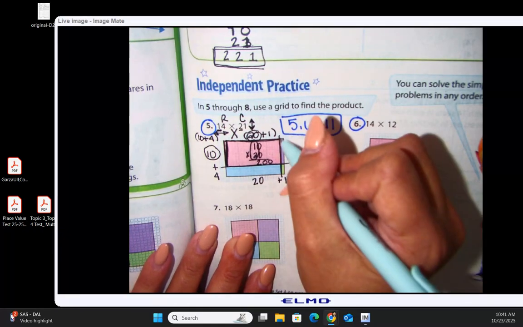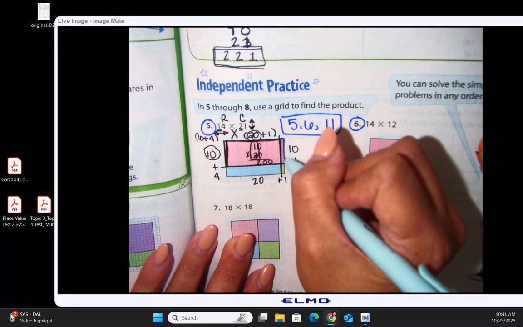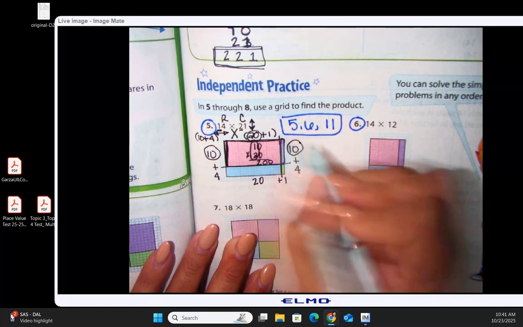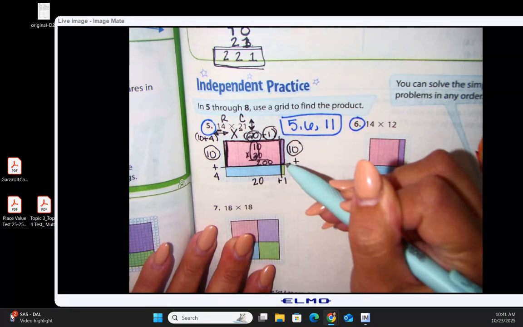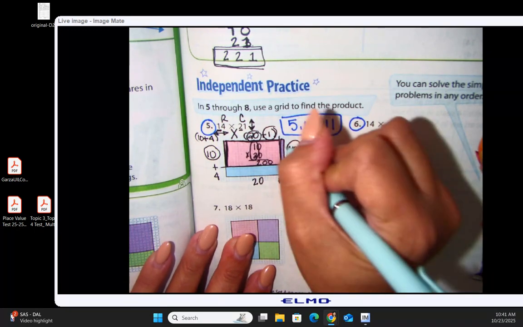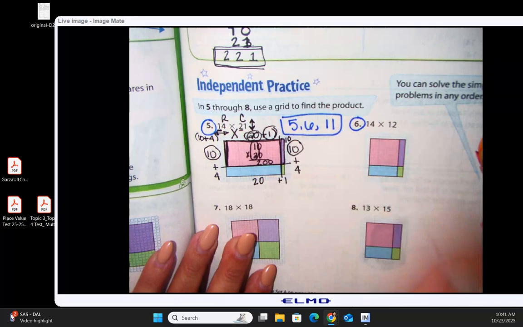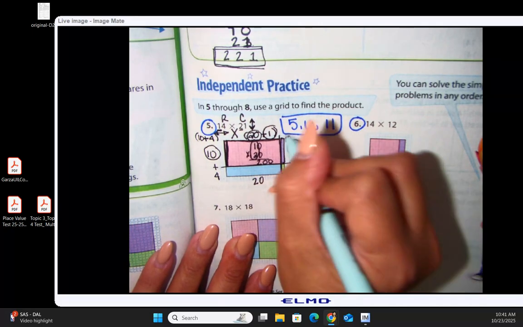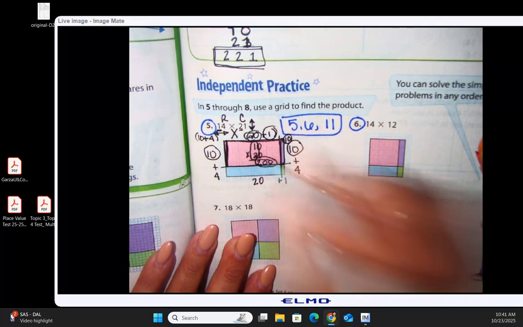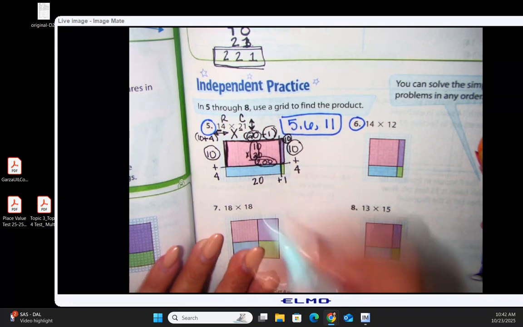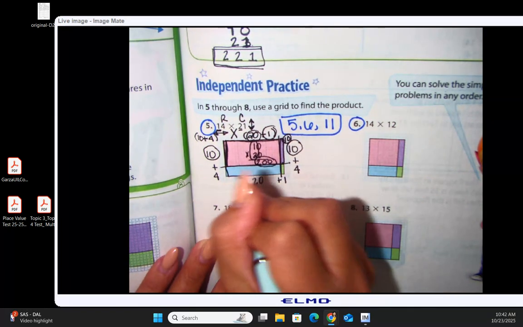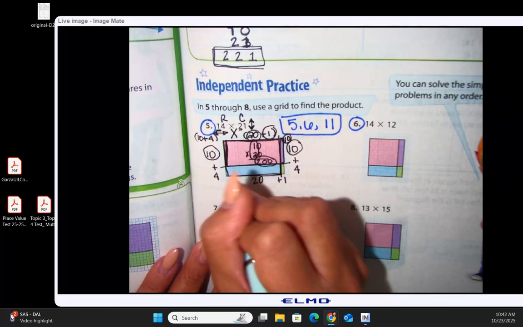Now I want to find the area of this shape. 10 times 1. And if I look at this, this is a 10 rod, right? Because 10 times 1 is 10. So so far I have partial products of 200 and 10. Now I'm going to find the area of this shape right here.